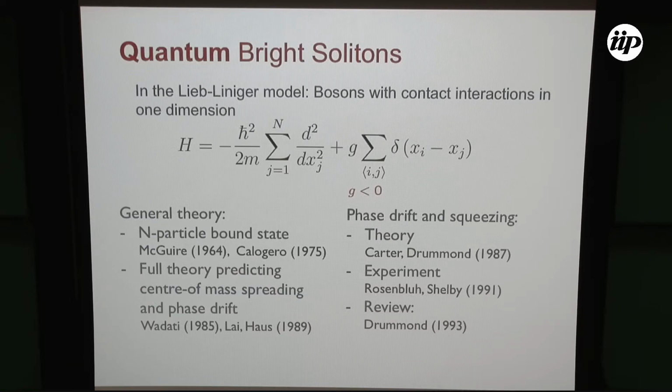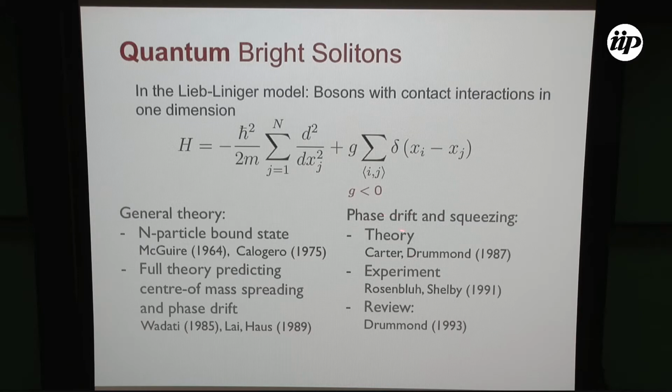The full theory of what should actually be relevant for experiments was done slightly later by Yoshinaga Wadati and in particular Lai and Haus. They did very good work predicting a center of mass spreading and a phase drift.